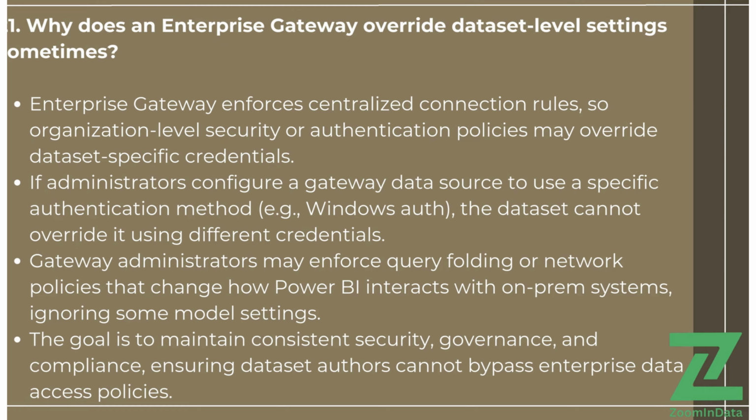Gateway administrators may enforce query folding or network policies that change how Power BI interacts with on-prem systems, ignoring some model settings. The goal is to maintain consistent security, governance, and compliance, ensuring dataset authors cannot bypass enterprise data access policies.